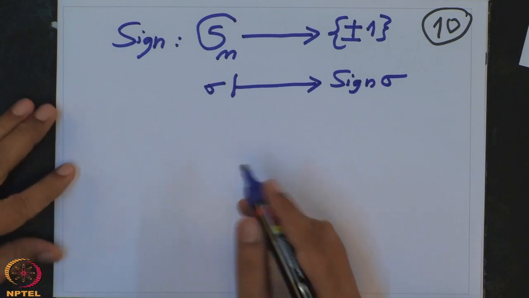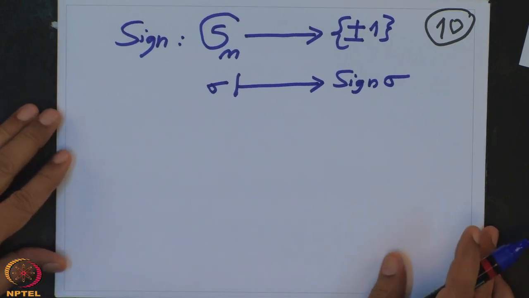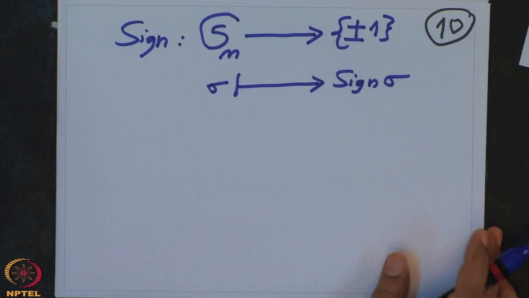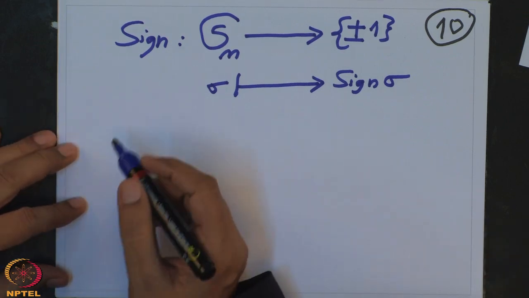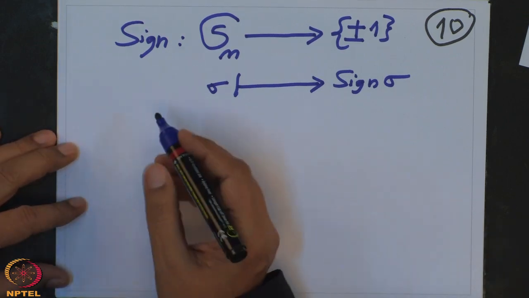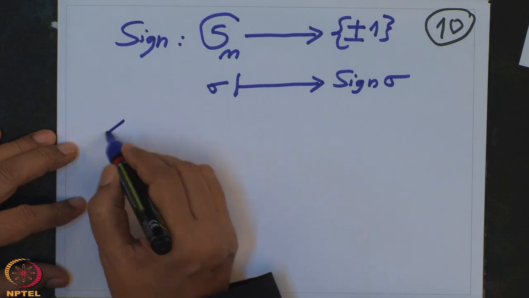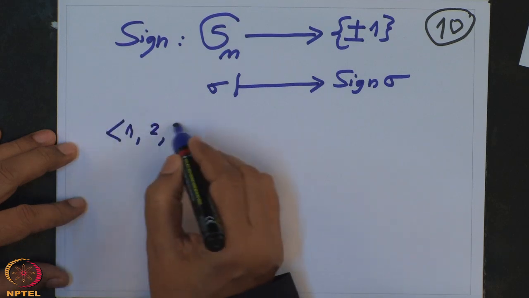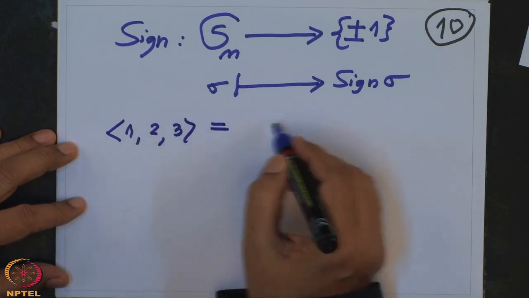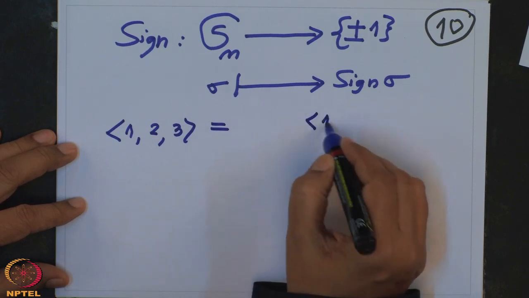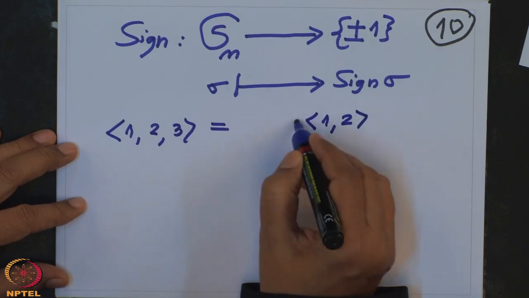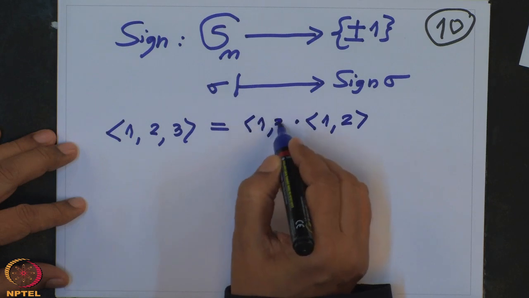And what is more important is that every cycle can be written as a product of transpositions. For example, if I have the cycle (1 2 3), this is the product of (1 2) composed with (1 3).